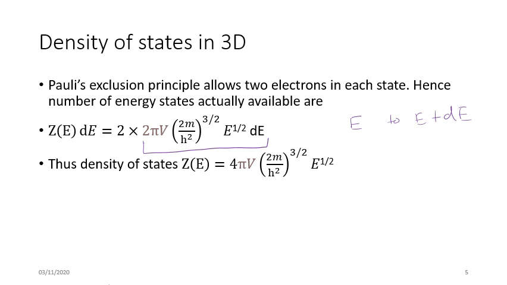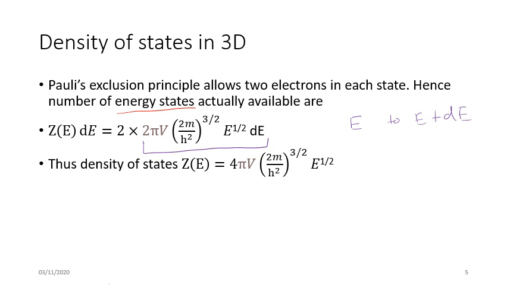If I want the actual number of states, I have to multiply it by 2, because in each energy level there are 2 electrons. That means 2 levels will be available. Understood? So that's why I have to multiply it by 2.